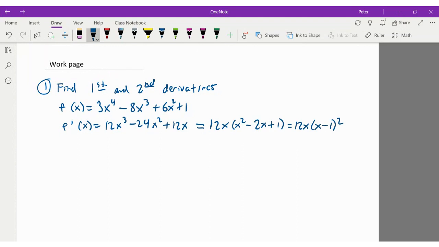Factors like that. And now f double prime of x, it's going to be easier to focus on this form of it in order to find the derivative.